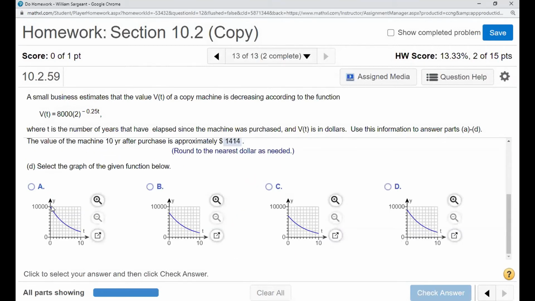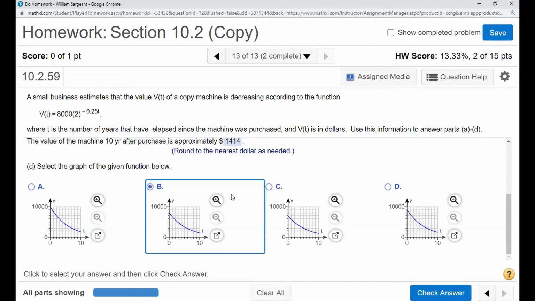Part A is starting out at 10,000, as well as what we have in part D. So it seems to be down to either part B or part C.